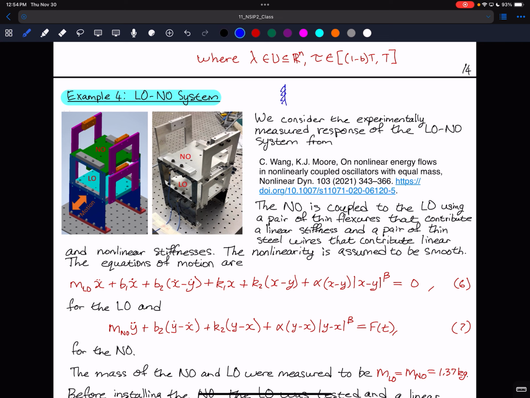We assume that the LO is grounded and only has a linear spring and a linear damper. For the NO, we assume there is a linear damper and a nonlinear spring. All of those terms from the joints, the friction, all of that, we lump into these two elements: that nonlinear stiffness term, which includes a linear stiffness, and that linear damper. We're just lumping everything in there.